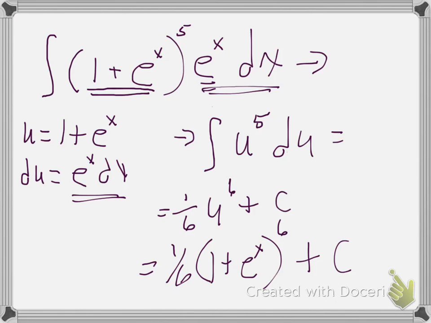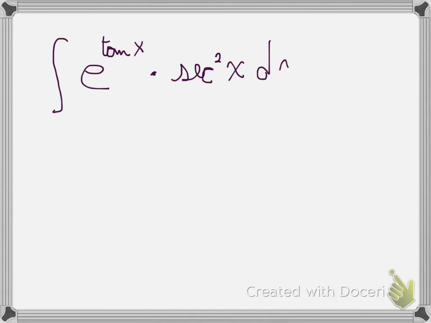Now, if you have e raised to a trig power, look and see if it's multiplied by any other trig function. And ask yourself, is this a derivative of that? And well, you know what? It is.